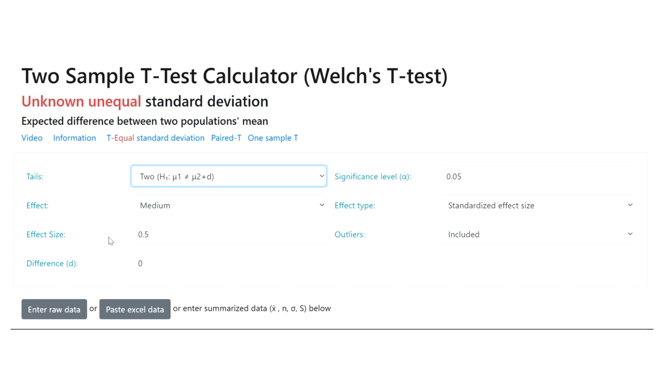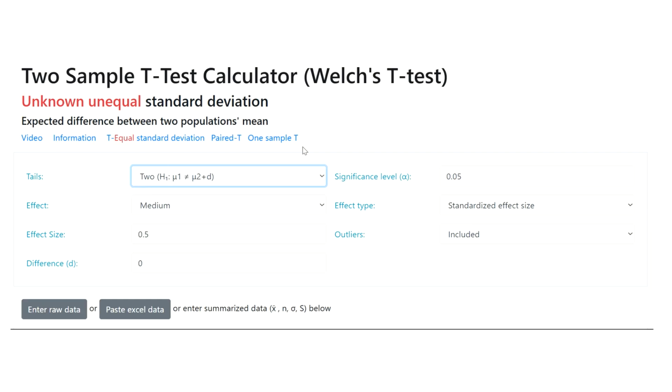Here I would like to draw your attention that by default d, the difference, is indicated as 0, meaning that our alternative hypothesis is that the mean for the first group is significantly different from the mean of the second group.